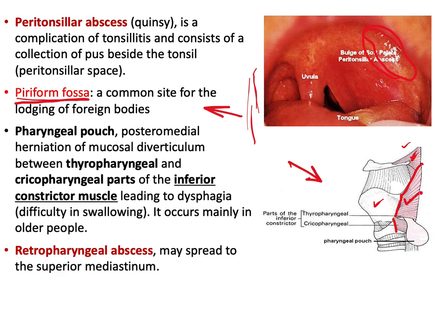So this is the thyropharyngeal part, and this is the cricopharyngeal part, and between them there is a gap, so sometimes the mucosa there can herniate outside posteriorly, creating what is called a pharyngeal pouch. The pharyngeal pouch leads to difficulty in swallowing, called dysphagia, and also in breathing. Mainly it occurs in older people.